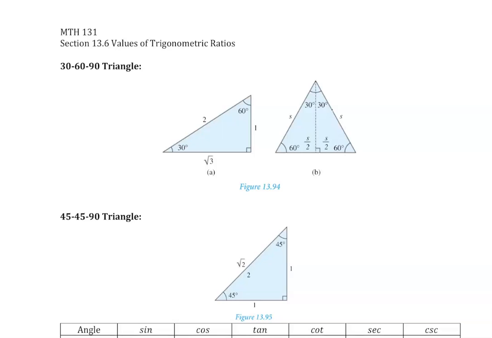And you can see in this divided equilateral triangle that the side S is now a hypotenuse of a right triangle. So if we look very specifically just at that half of the equilateral triangle, we get this 30, 60, 90 triangle.